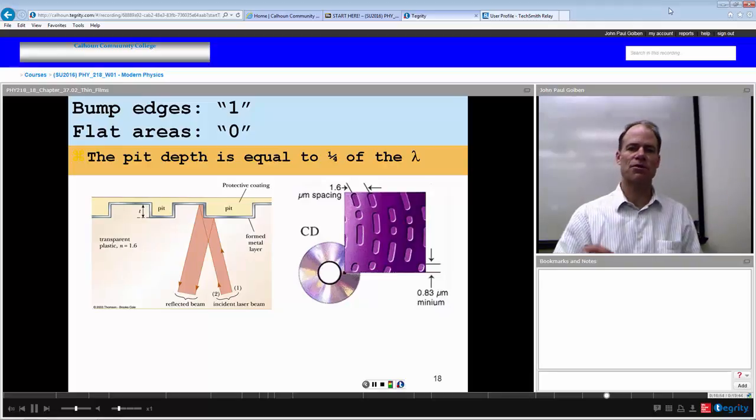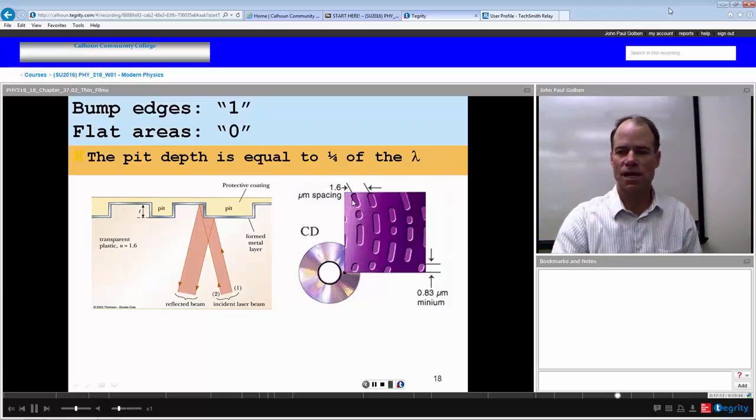So every time you hit an interface here of the pit, you will get a 1, and anytime you're timing and you get nothing, you're either flat on top or flat inside the pit, you will get a 0.